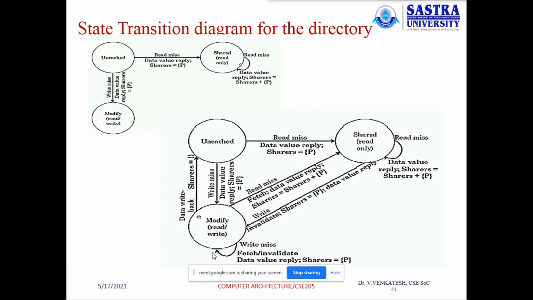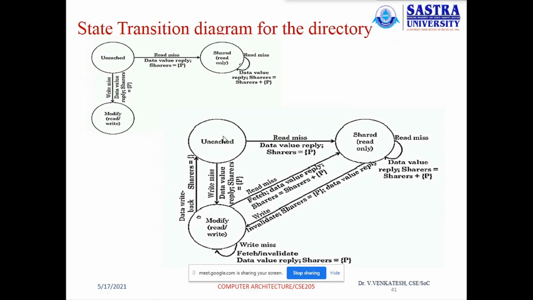So in that case, we are going to share that information. Once it is shared, we are going to remove that particular data. Now that particular block is going to be moved to uncached state. So we are going to write the data. After we write that sharers list, that particular state is moved to uncached state. So these are all the state transitions for a directory based protocol.